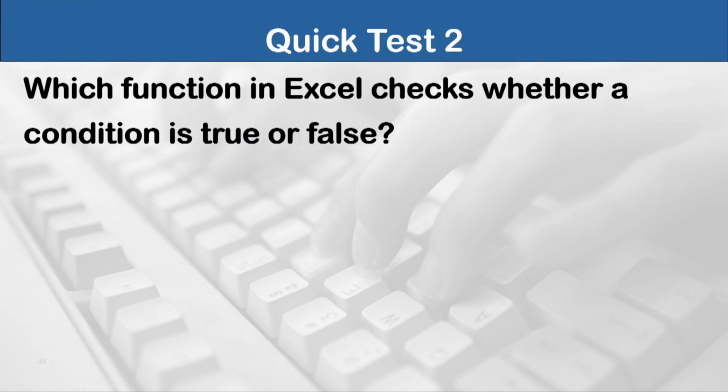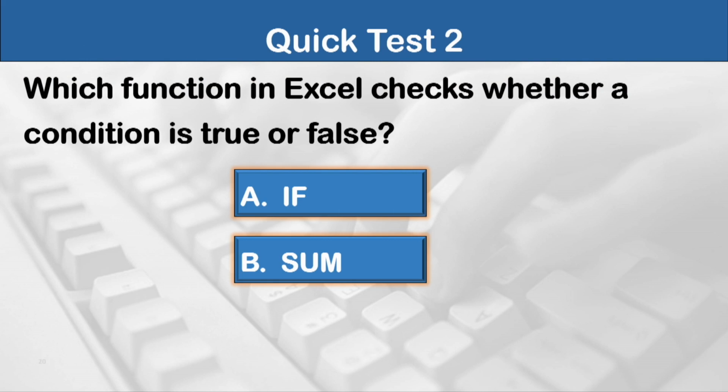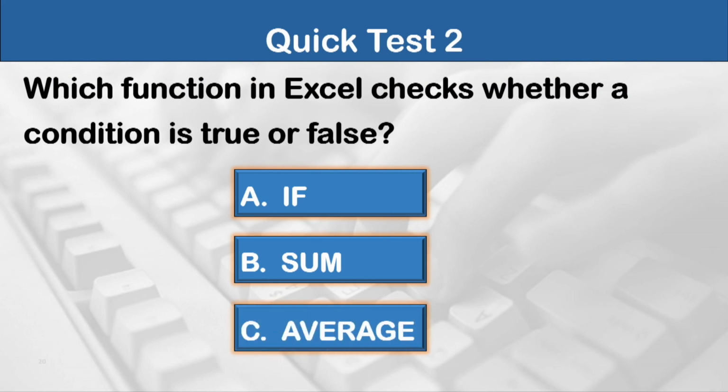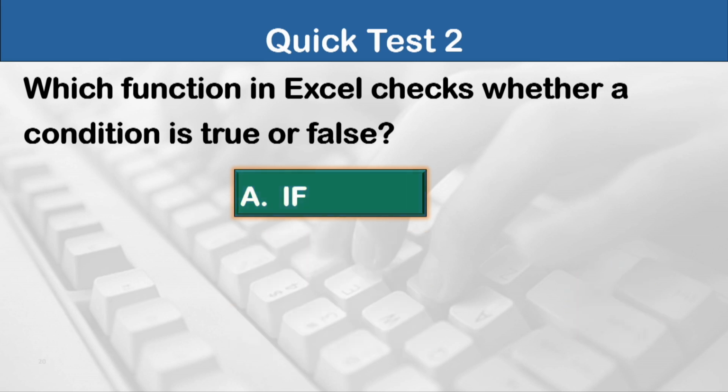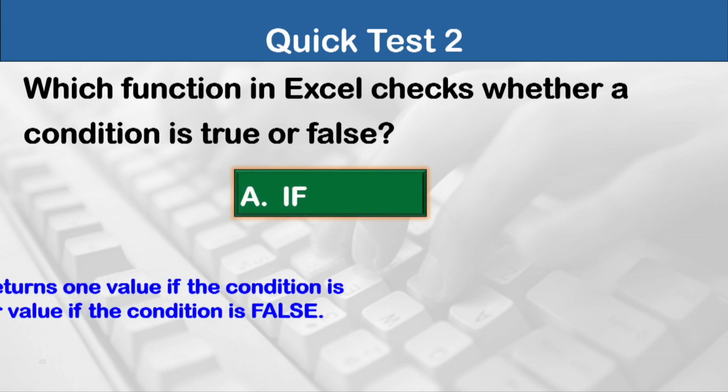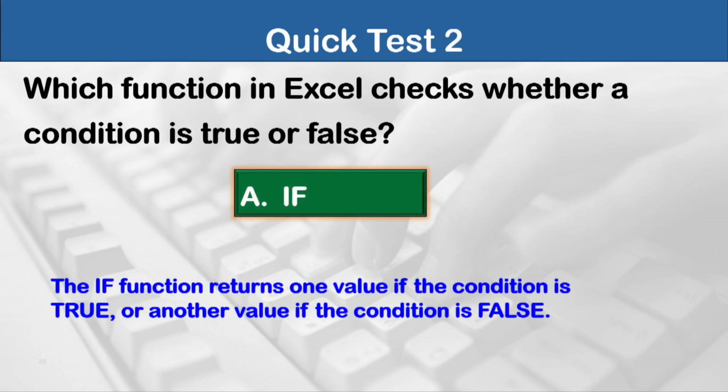Number 2. Which function in Excel checks whether a condition is true or false? Is it A, B, or C? The correct answer is A. The if function returns one value if the condition is true or another value if the condition is false.